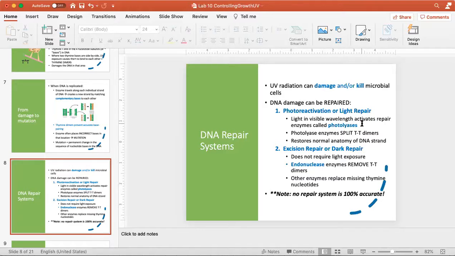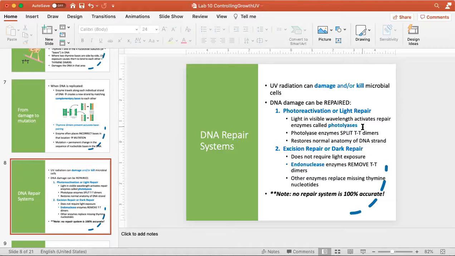What these enzymes do is they travel along the length of the DNA molecule, and if they come upon a thymine-thymine dimer, they split it. They break the bond that holds the two thymines together. That's going to allow those two thymines to bounce back into their original position, and the normal anatomy of the DNA strand will be restored. So the cell has to be in light in order for these enzymes to be active.